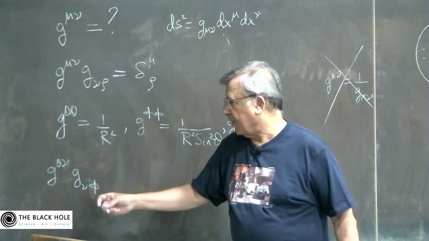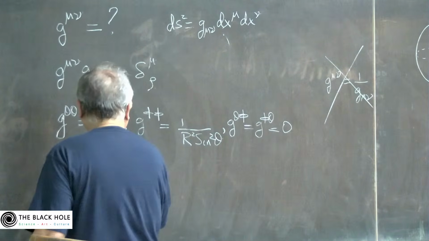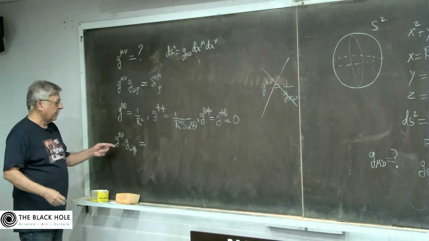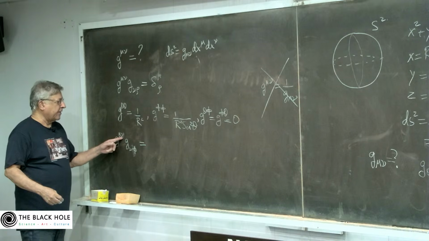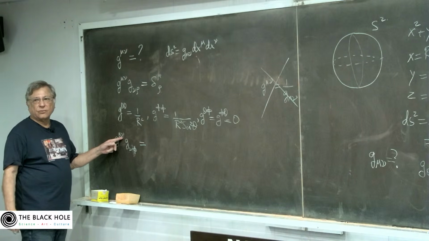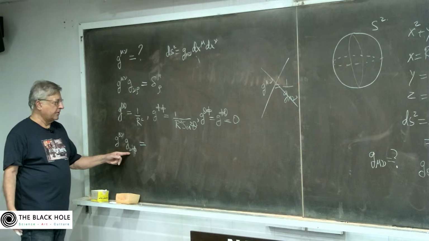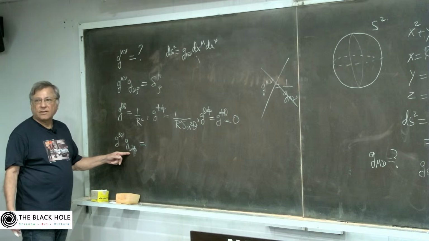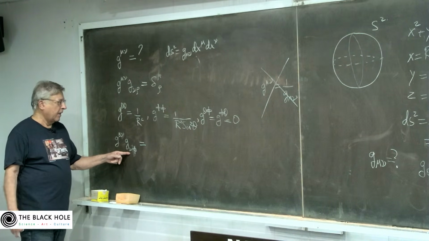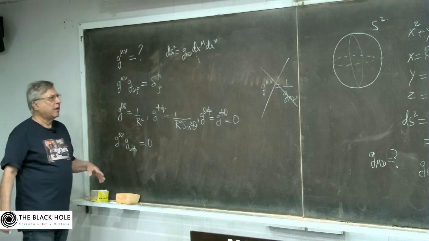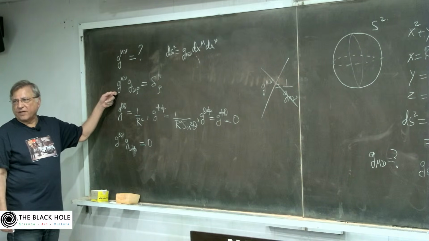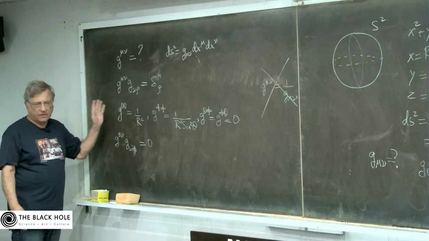So therefore, we can complete this over here. This is equal to, well, if nu is equal to phi, then this is 0 and this is 1 over r squared. And so this is equal to 0. So there are 4 numbers to check over here, and they all check out.